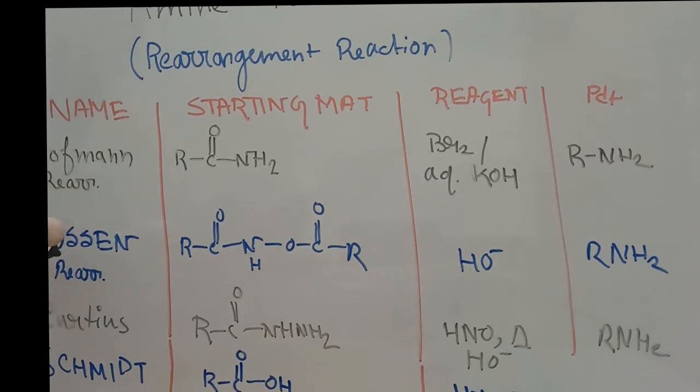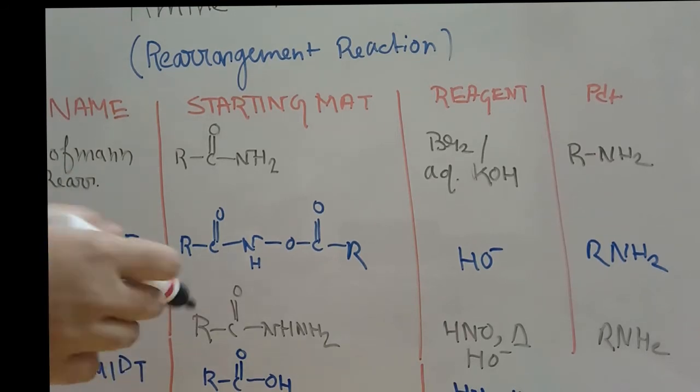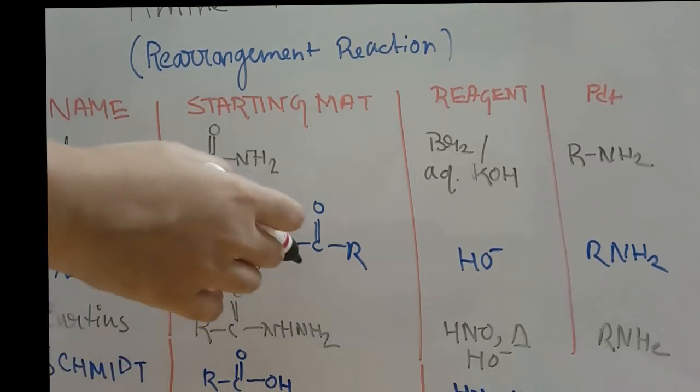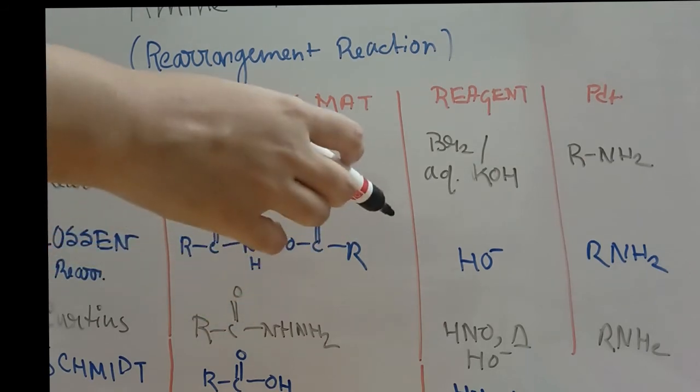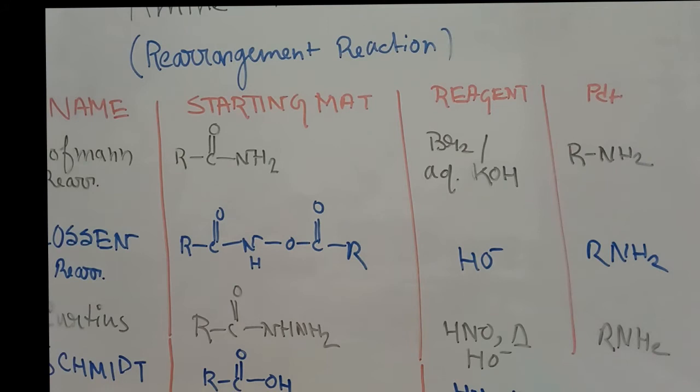Then in the Lossen rearrangement, we have the O-acyl derivative of hydroxamic acid as starting material, and the reagent is any aqueous base, and the product we get is amine.